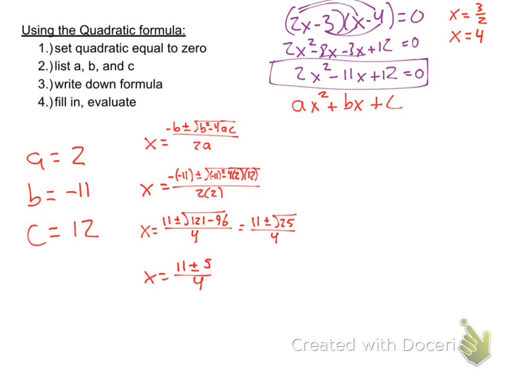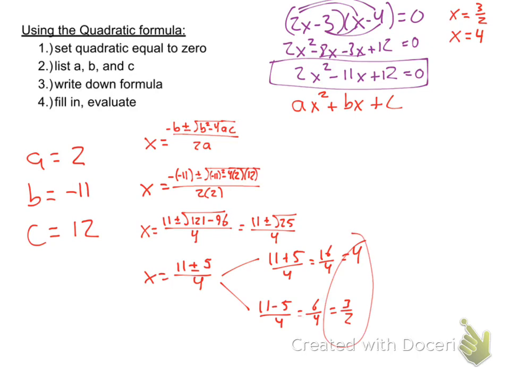And 5's a pretty nice number, yeah? So I got to split it up. 11 plus 5 over 4, which is 16 over 4, which is 4. Hey, that's one of our answers. 11 minus 5 over 4 equals 6 over 4, which is 3/2, and that is our other answer.